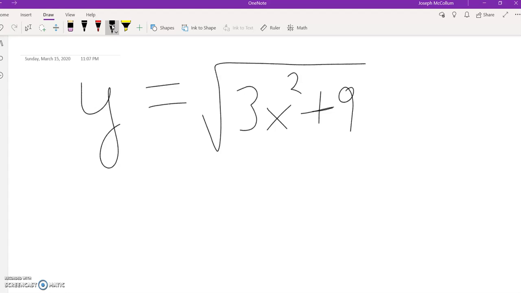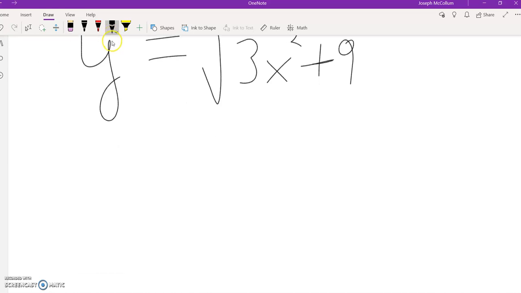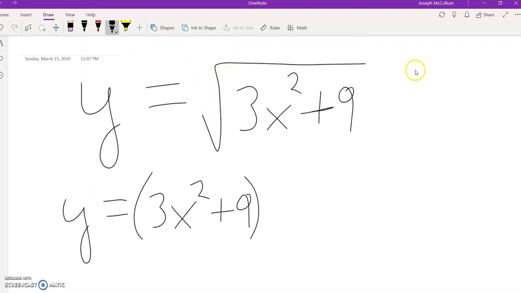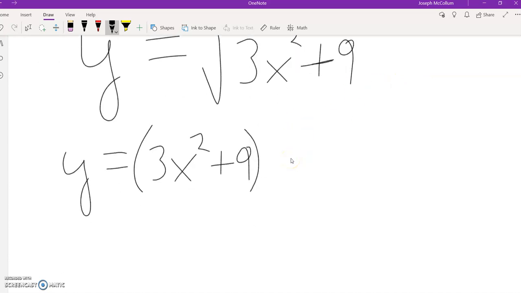Well, to do this, recall from our previous video that the first thing I'm going to do is rewrite this as 3x squared plus 9 to the, well, you tell me, square root. There's an exponent rule for that. The square root can be rewritten as the power of 1/2. So here we have an expression y equals parentheses 3x squared plus 9 to the 1/2.